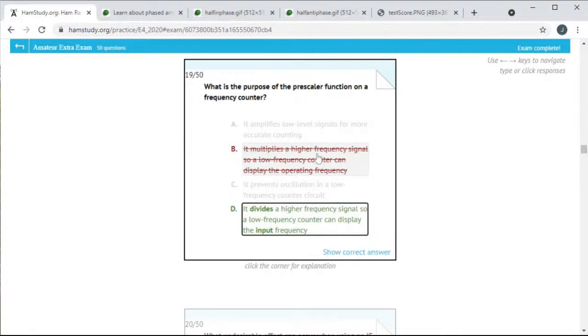Okay. And then I get the opposite one again. The prescaler divides the frequency so you can display the input.